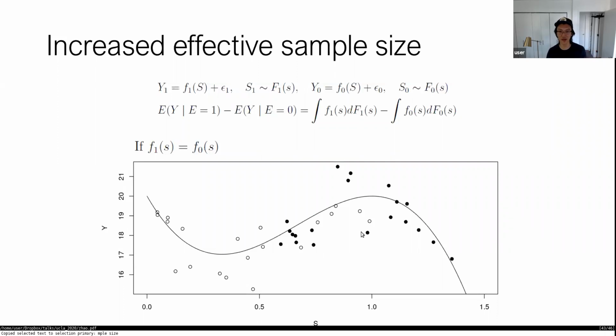If you only had the black, you couldn't estimate this curve, f of s, very well. If you only had the white, you couldn't either. If you have both, and you assume that this curve is the same in both populations, all of a sudden you have enough data to do a good job. That will help you estimate your treatment effect.